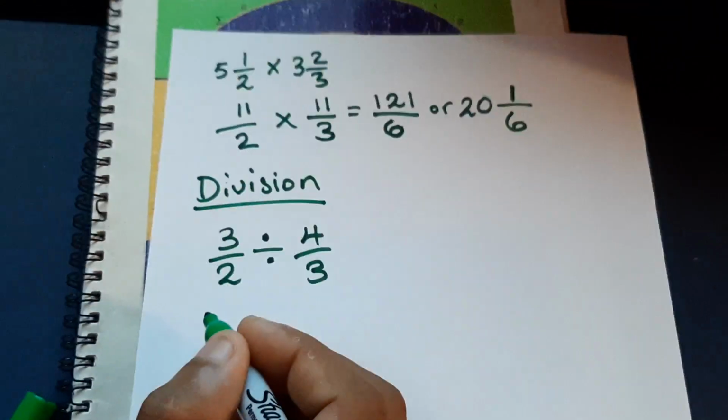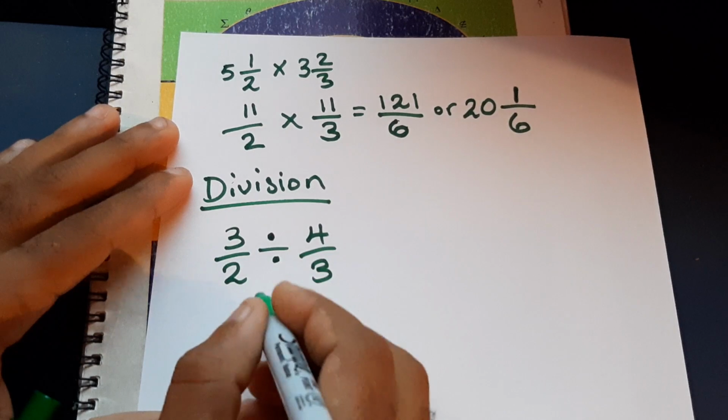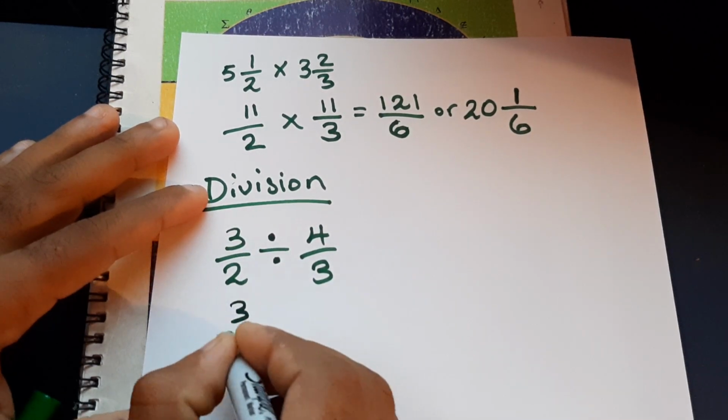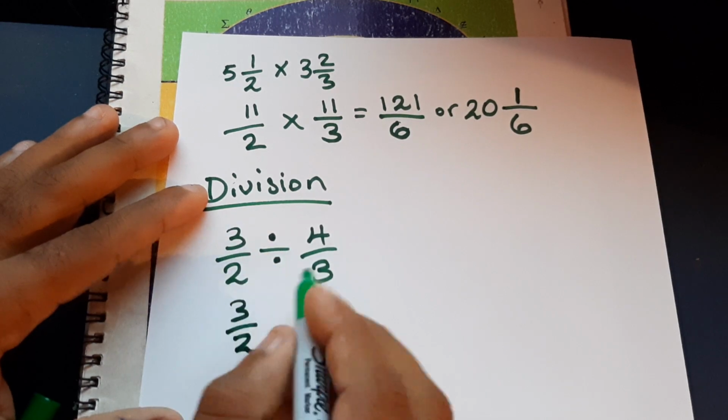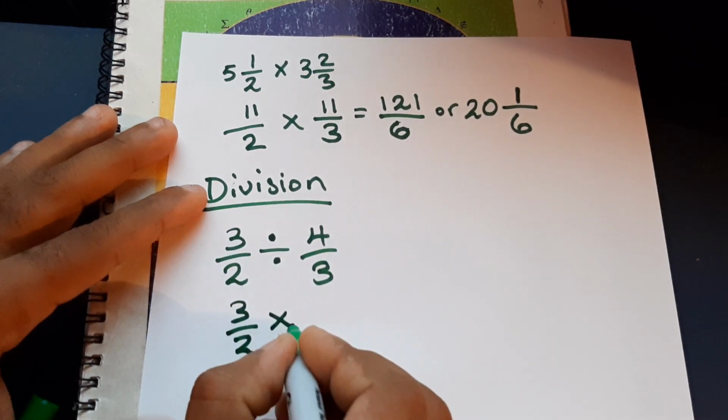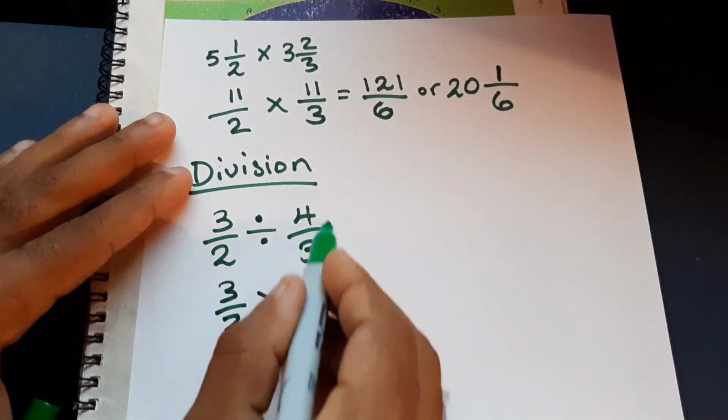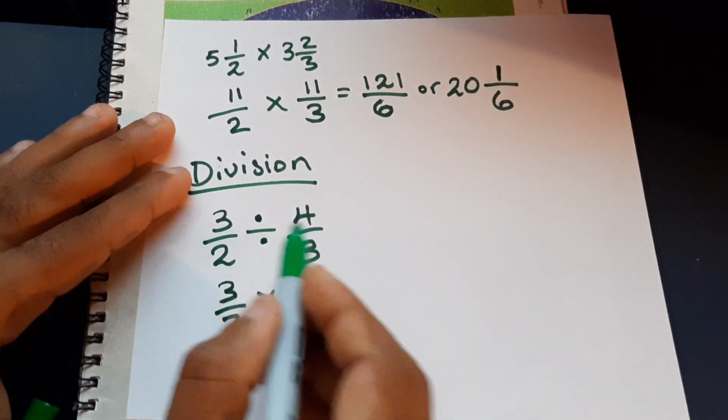So what I'm going to do, I'm going to rewrite the first fraction. I'm going to have 3 over 2. So remember what I'm going to do, I'm going to change the division sign to multiplication, then reciprocate the fraction behind the sign, or flip.